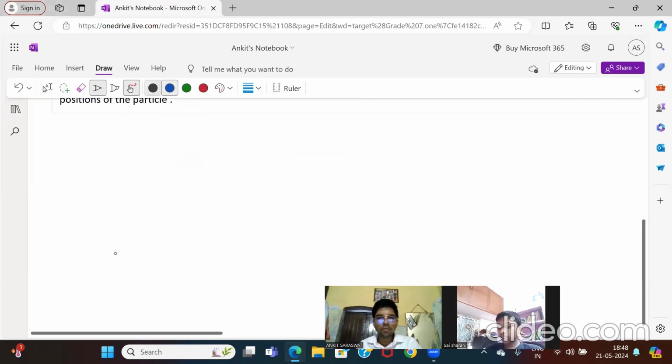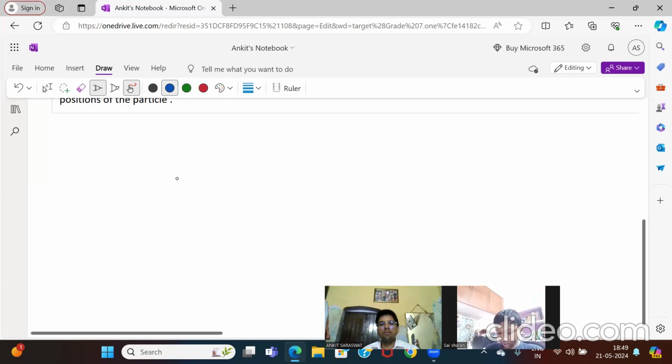Distance: the length of the actual path covered by a particle in motion. SI unit is meter. Displacement: it is the shortest distance between the initial and final position of a body. It is a vector quantity whose magnitude is equal to the length of the straight line path from initial to final position, and the direction is along the straight line drawn from the initial to the final position.